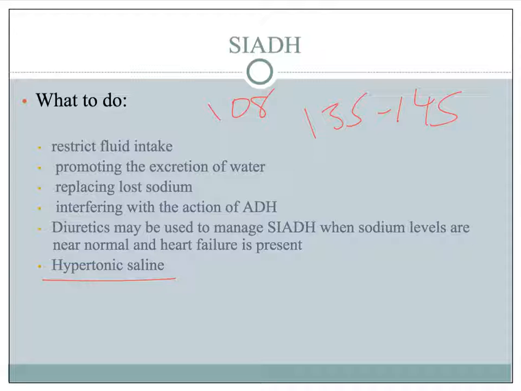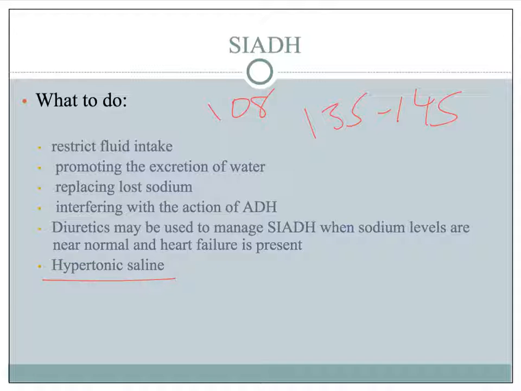That's usually a 0.3%, and we give it slowly because we don't want to just load the patient up with a bunch of sodium fluid. We've got to give it about 50 milliliters an hour over about a 10-hour period to slowly fix their sodium levels. If not, we'll cause a shift in fluid that could be life-threatening.